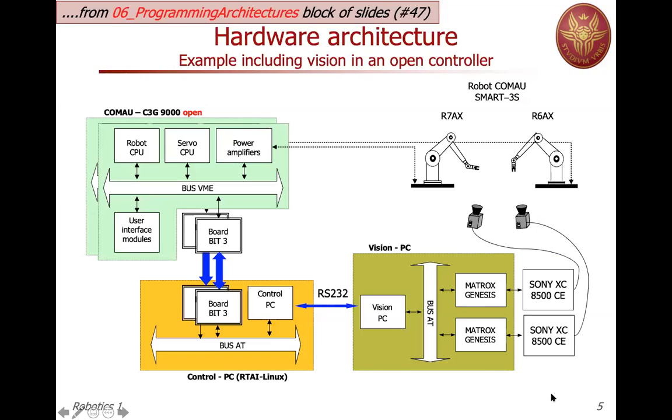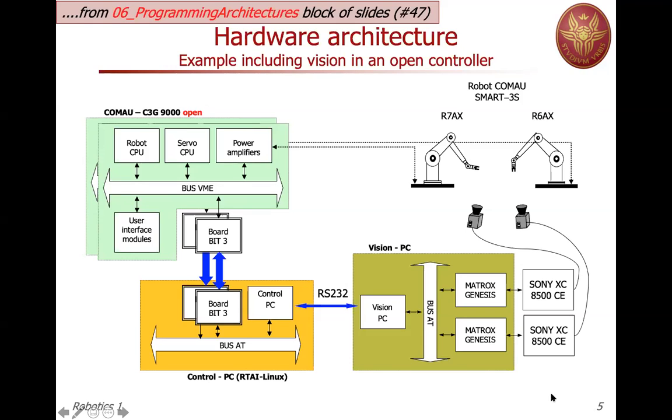This is an old architecture, but it's an open controller. This is taken from the setup that they used to have in the Department of Computer Science and Control Engineering in Naples. So at the site of the first order of your textbook, Professor Siciliano, there were two Comau robots.